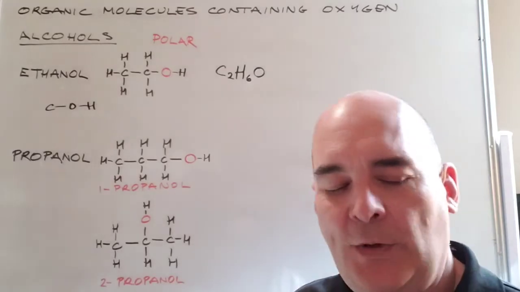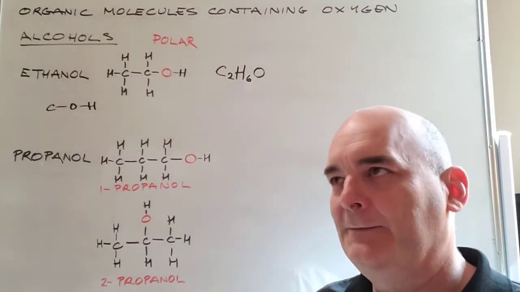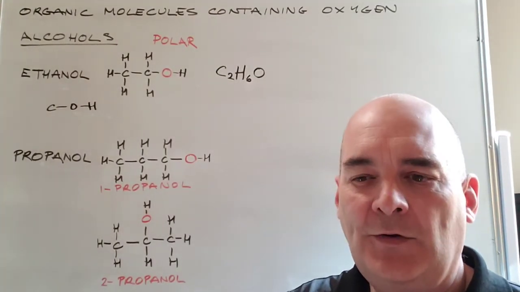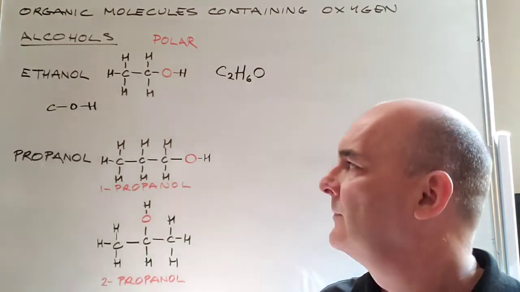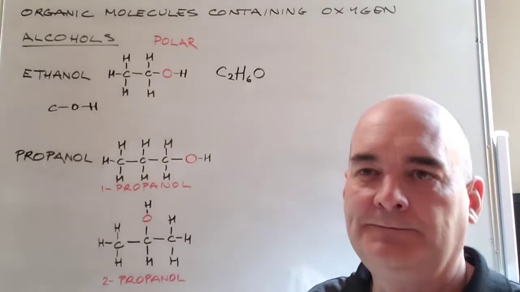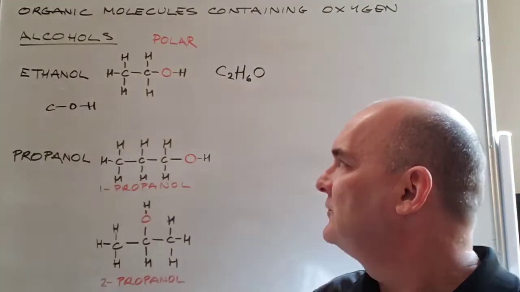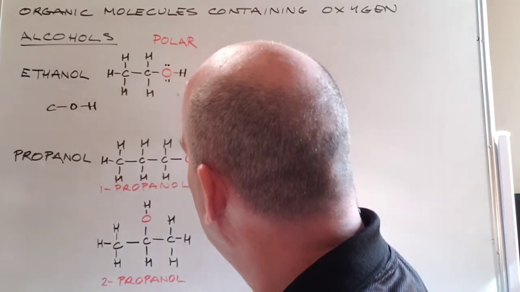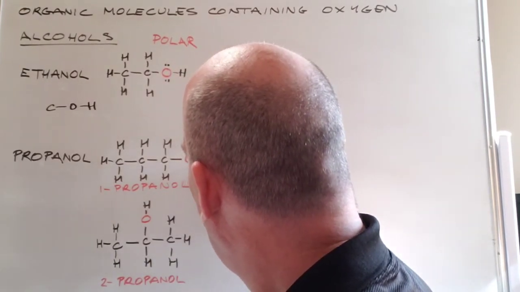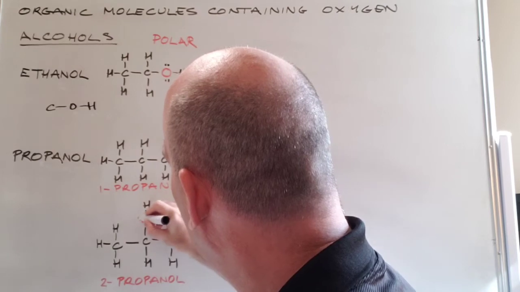Okay, if we cast our minds back to the chapter where we looked at shape and polarity, all these carbons are tetrahedral. The oxygens have lone pairs of electrons and 2 bonds.